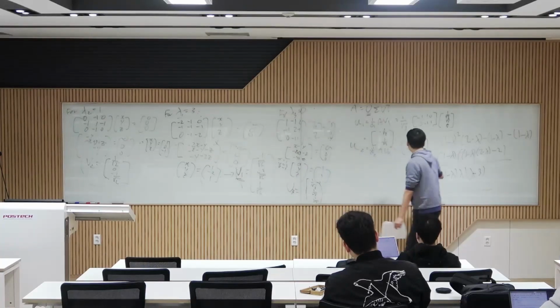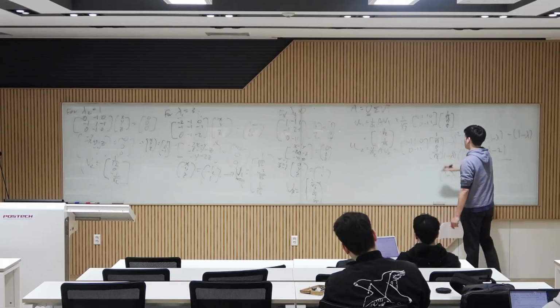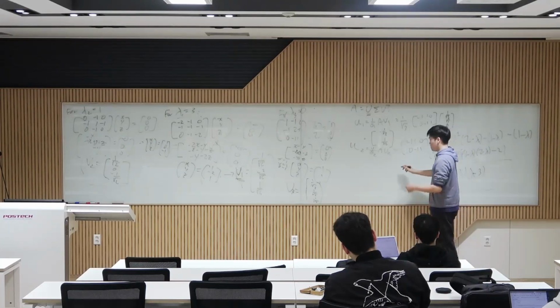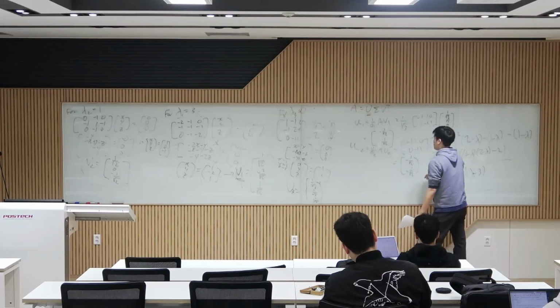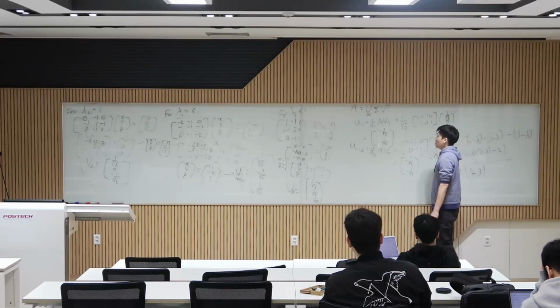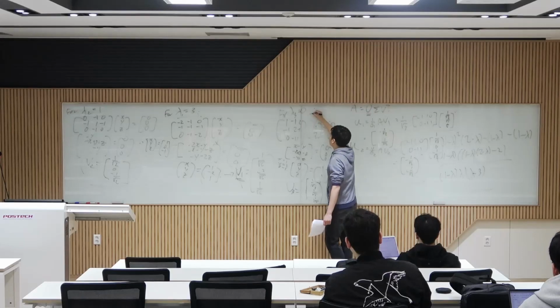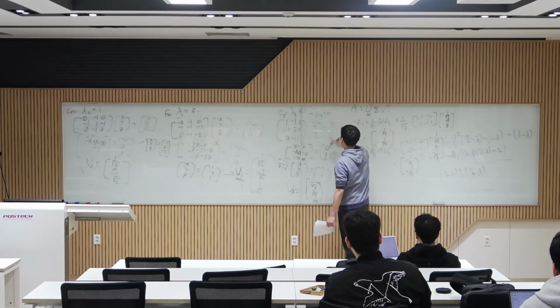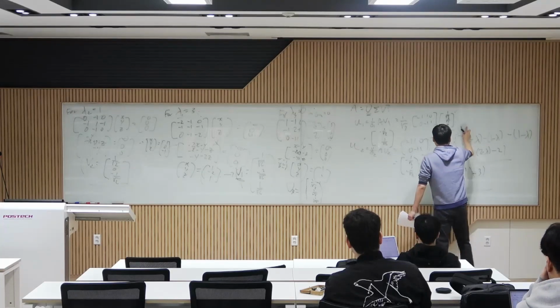So V2, and we can write this like this. Now we have U1 and U2. What about U3? Since the third singular value is 0, we don't need to compute U3, so we only have U1 and U2.